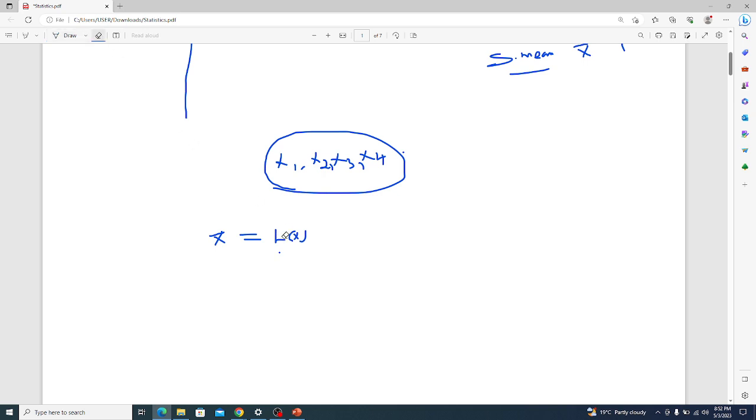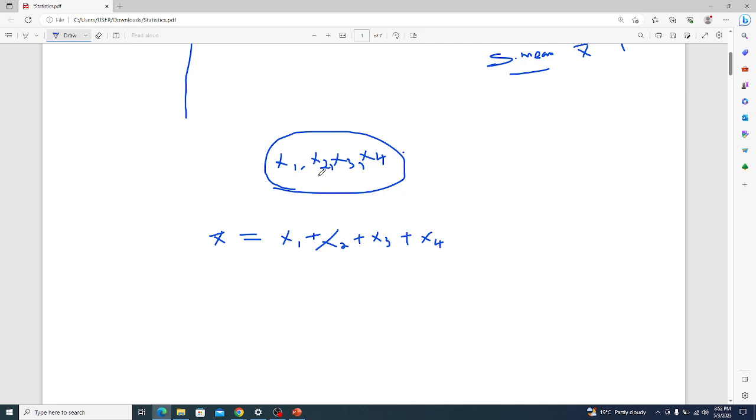Let's now continue. So here our sample mean will be x1 plus x2 plus x3 plus x4.